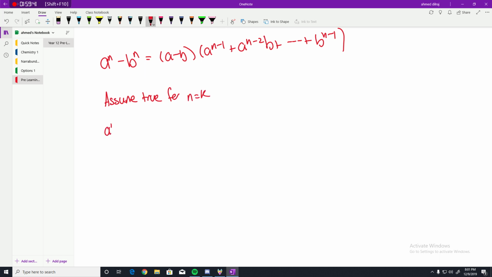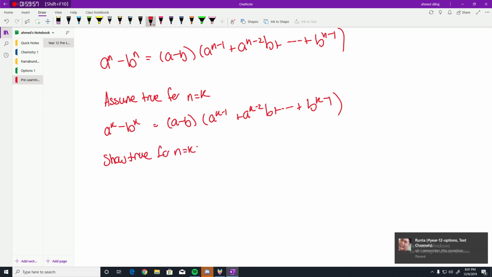So we get a to the k minus b to the k is equal to a minus b, times a to the k minus 1 plus a to the k minus 2 b, plus b to the k minus 1. Yes? So now let's show true for n is equal to k plus 1.